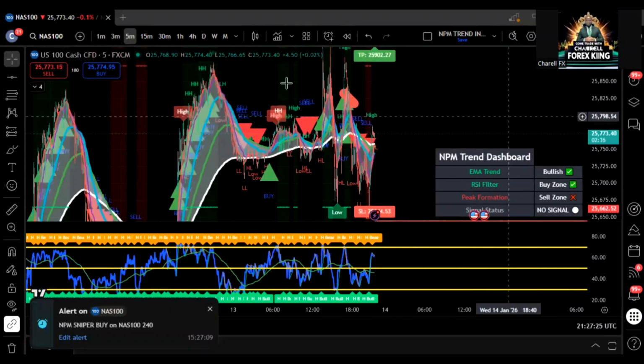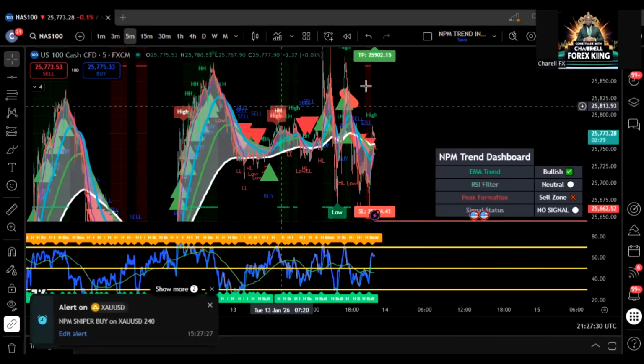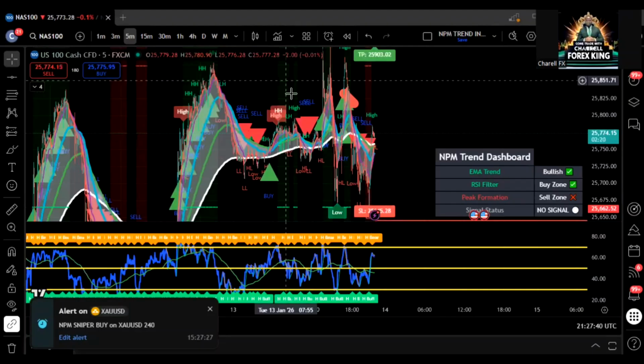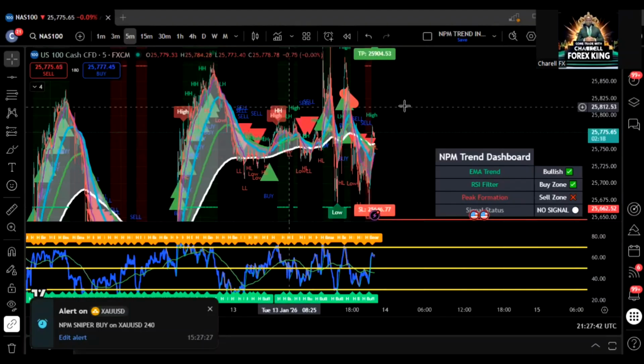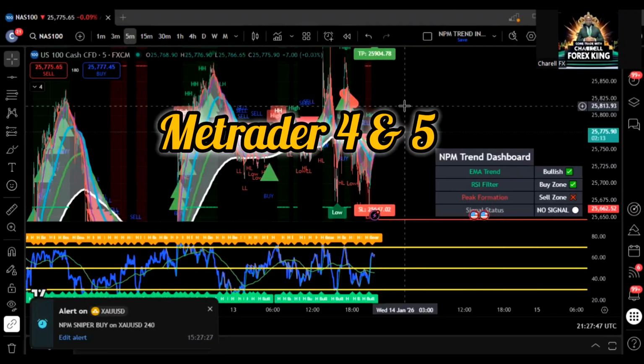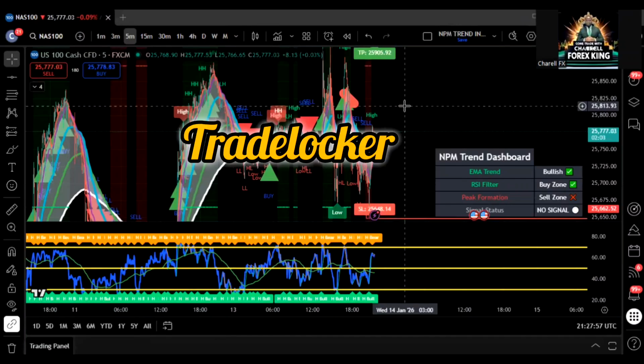Also, I have NPM Trend Indicator, which you see the green background and the red background telling you if it's in a sell trend or it's in a buy trend. You need that. You also need MetaTrader 4, MetaTrader 5, a platform. And that will be on the broker that you sign up. Or you can use TradeLocker to trade with.